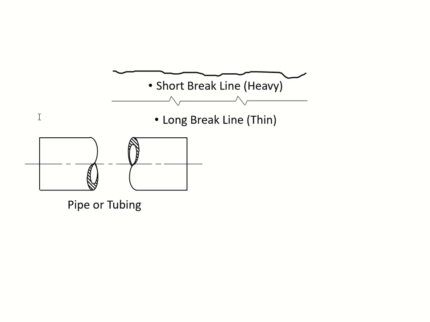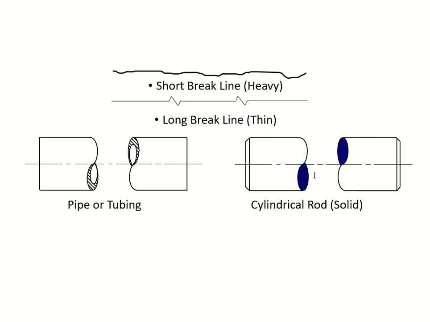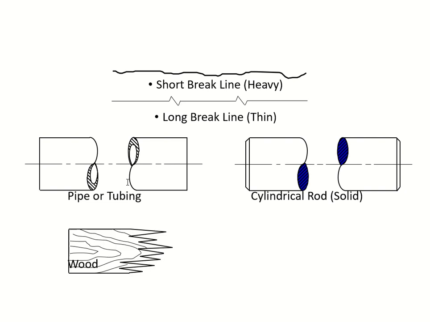Okay, let's take a look at it. So I have two parts here, a pipe with tubing, of course. Let's see how we apply this. This is your cylindrical rod, solid, and the break point. Then look at that, the wood. Here are your break points right there. And then for all the materials, it depends on what type of part you're dealing with.